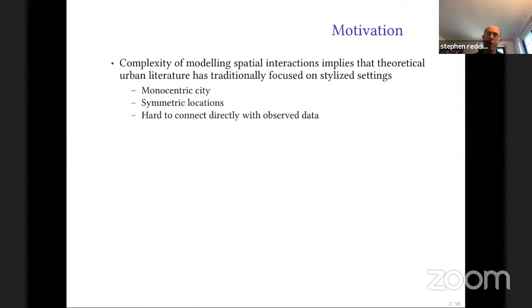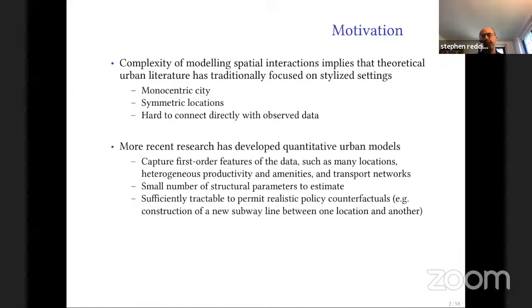For example, we saw in Ed's lecture the classic monocentric city model. In other contexts in economic geography, it's frequent in theoretical settings to assume a small number of symmetric locations. While those are important for clarifying mechanisms and distilling insights from this class of economic models, it's very hard to directly connect such stylized models with real-world data.